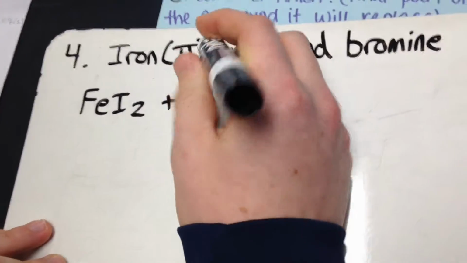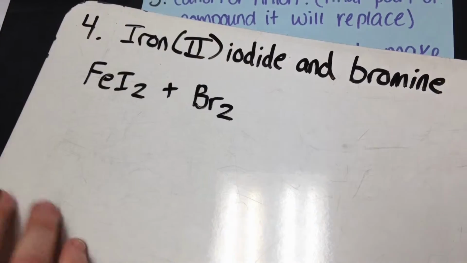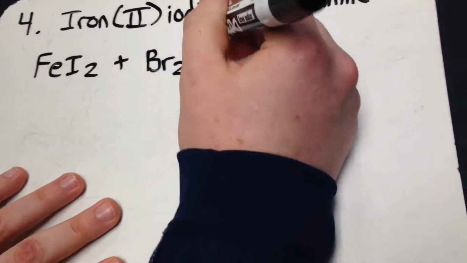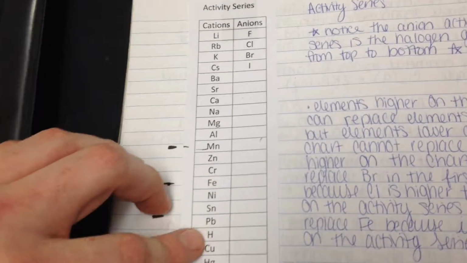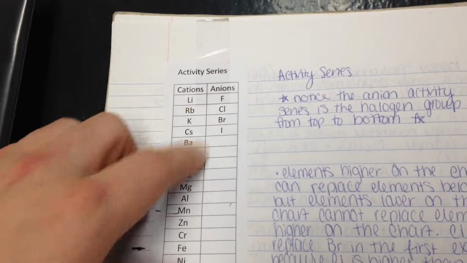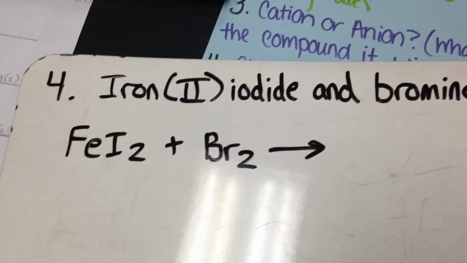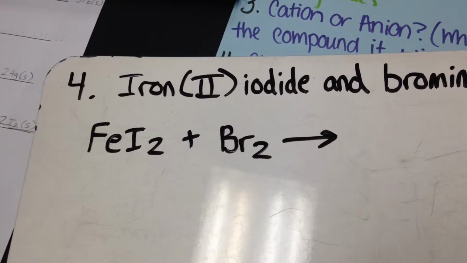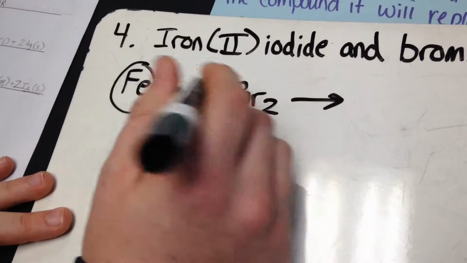Plus Br2, bromine, that's a diatomic element, yields. We need to check if the reaction can happen. We're going to check over to the anion side, bromine and iodide. Bromine is higher than iodide, and bromine is the lone element, so it can happen. So now you're going to have this.